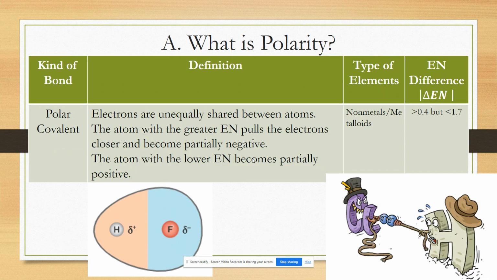Polar covalent bonds are where we have unequal sharing. Typically, the element with the greater electronegativity takes those electrons, and those electrons spend more time in the electron cloud around the more electronegative element. Here we have fluorine with hydrogen.